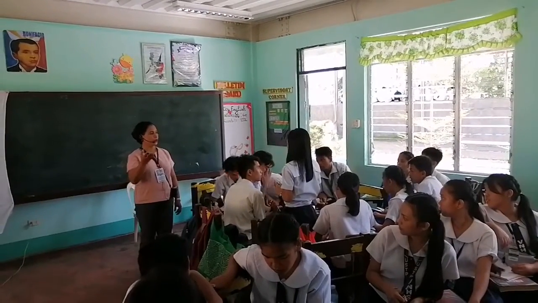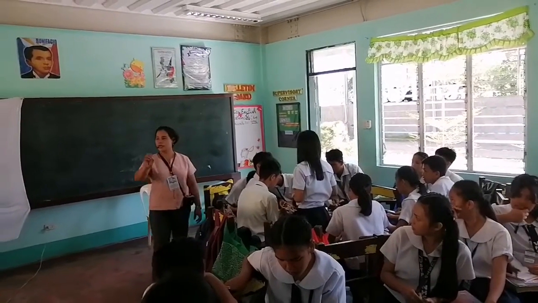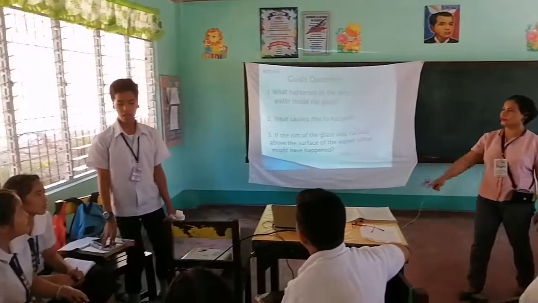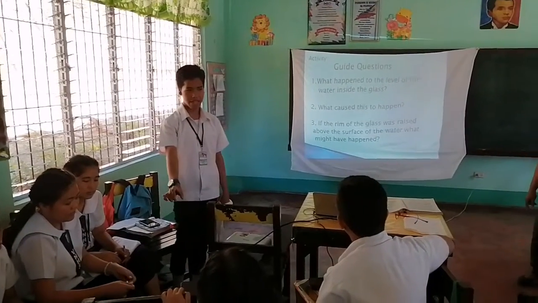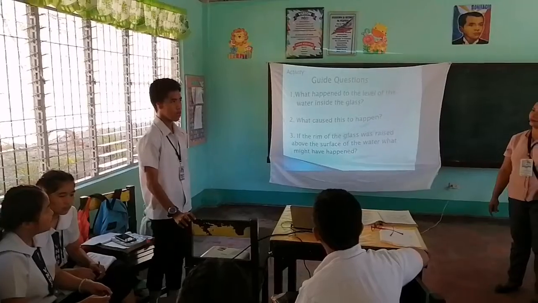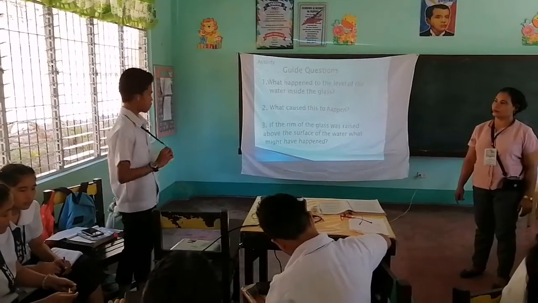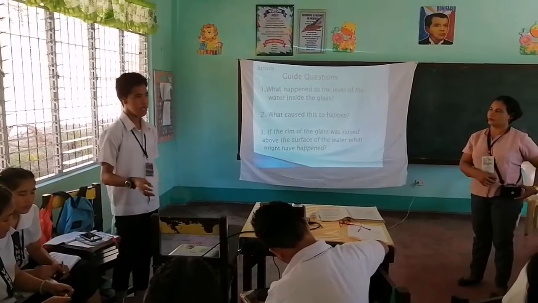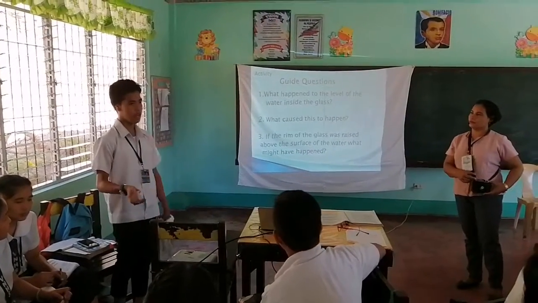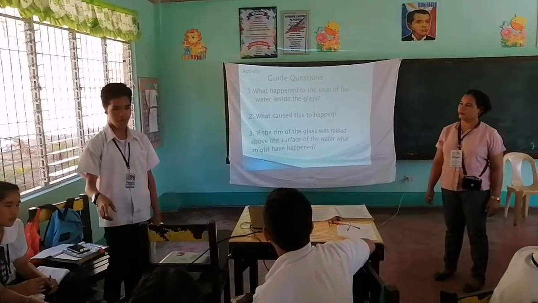The level of the water decreases. Okay? Yes, Olga? As we lift the glass above the water, the level of the water decreases because of the pressure and also the molecules we applied earlier, and the molecules above the level of the water.